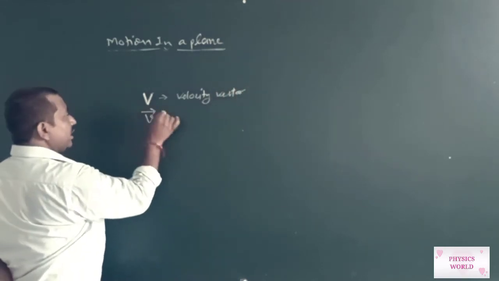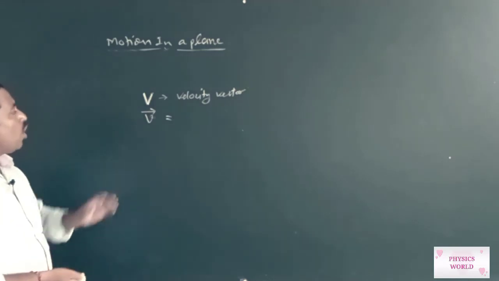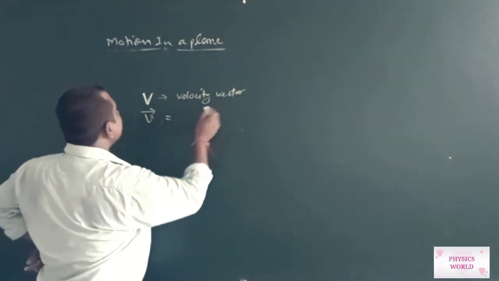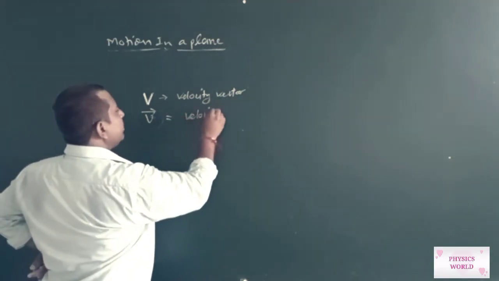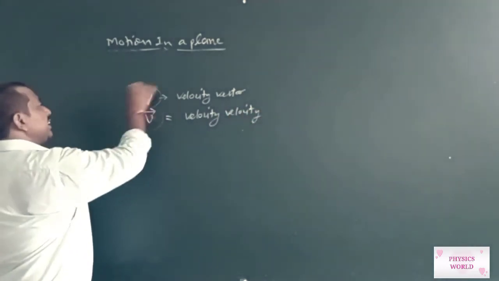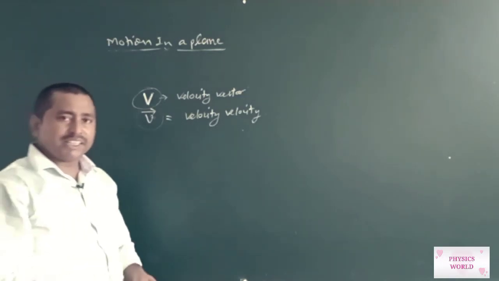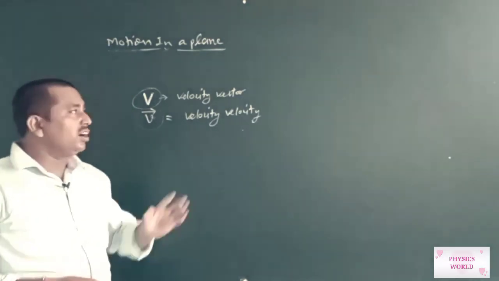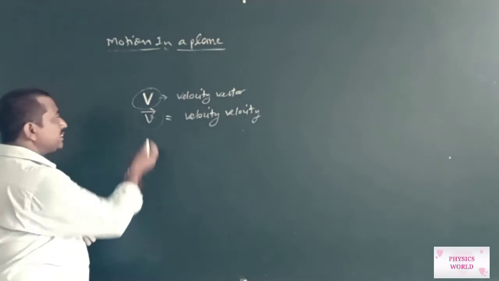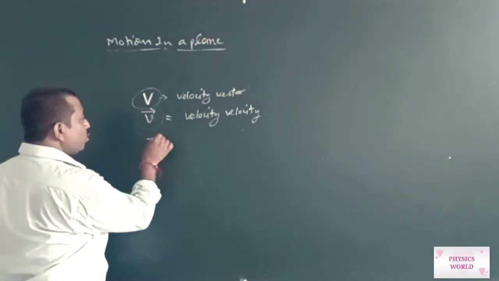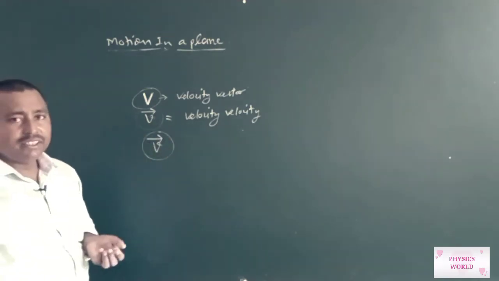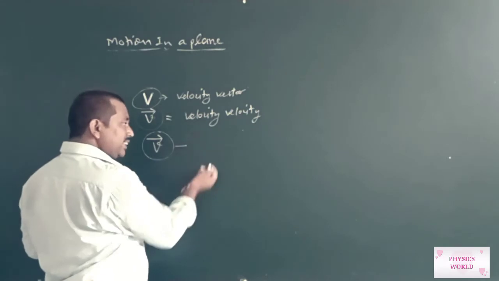And if we write it with an arrow on the V, this is the writing method to represent the velocity vector. In books, bold letters are used for the representation of vectors, but when we write in our copy or on the board, we do not have a bold marker, so we write a letter and put an arrowhead on the letter. This represents the vector quantity, which possesses magnitude and direction.